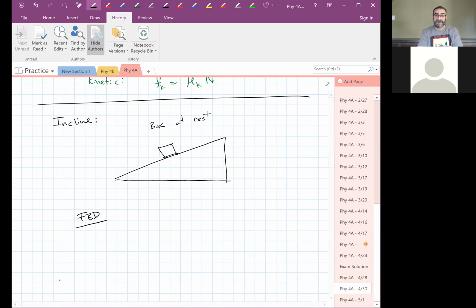Take a stab at the free body diagram for this box at rest, sitting on an incline.